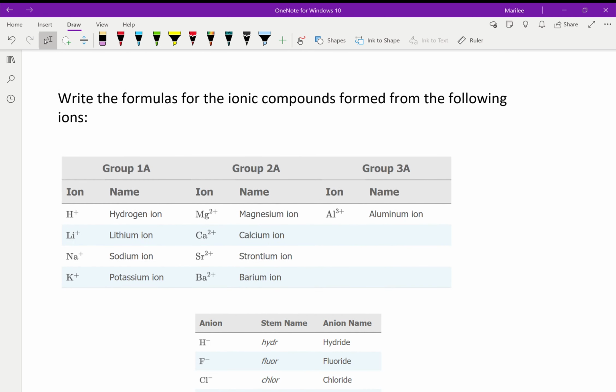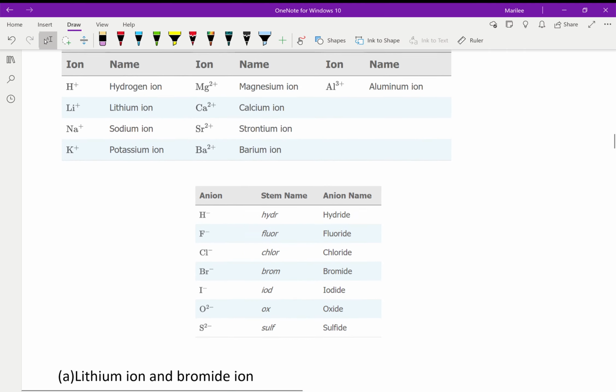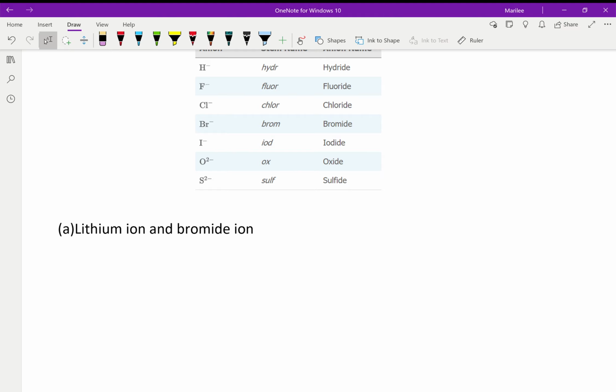So let's write the formulas of the ionic compounds formed from these ions. We have here lithium ion and bromide ion, right?